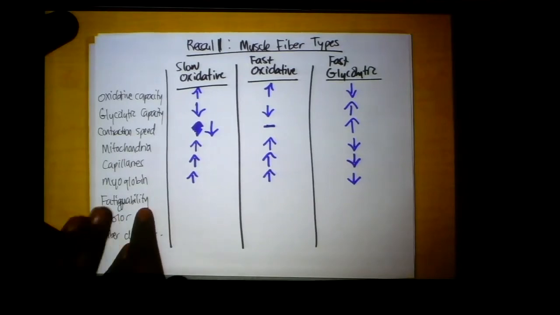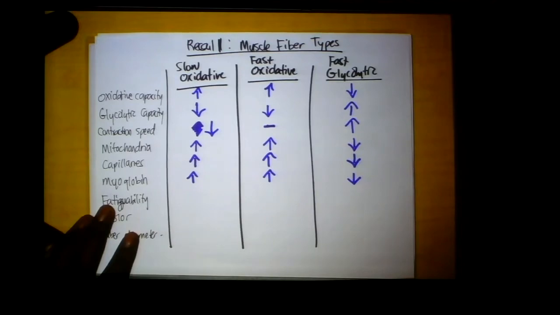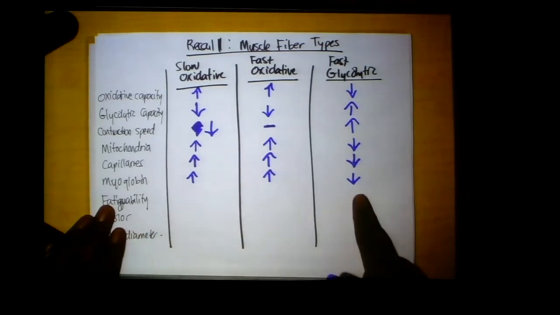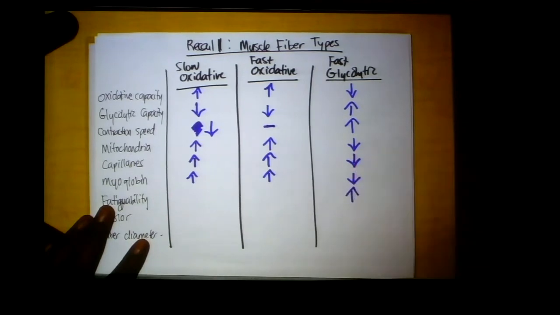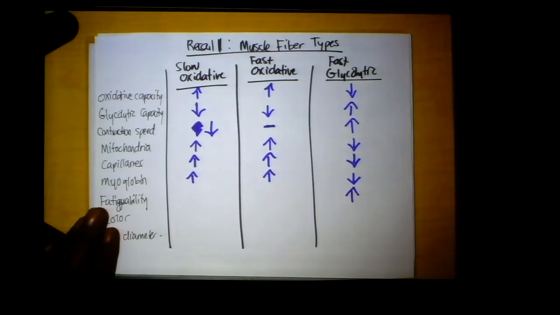Let's look at fatigability. Now, which of these fibers is going to fatigue the easiest? The fast glycolytic, right? I hope that's what I'm hearing. Why are they going to fatigue the easiest? We said two reasons.